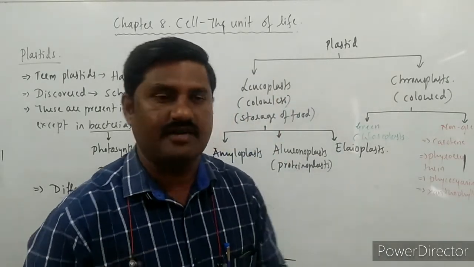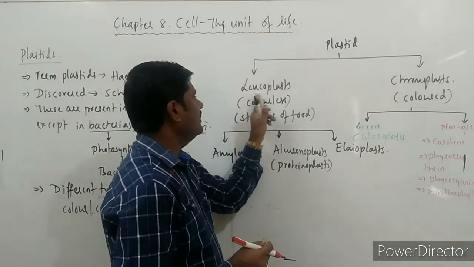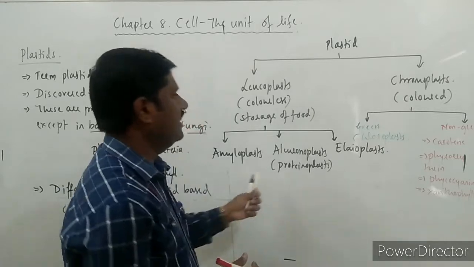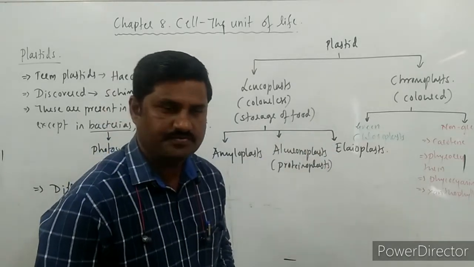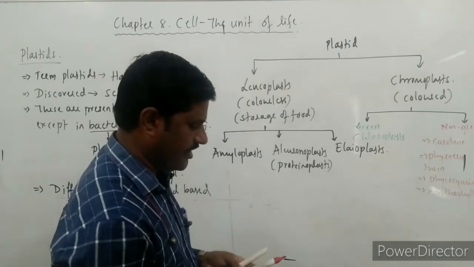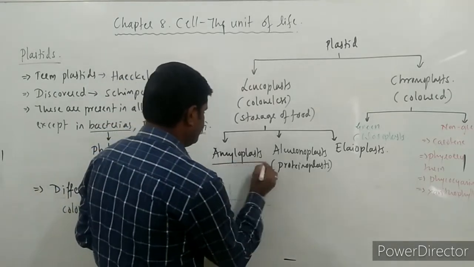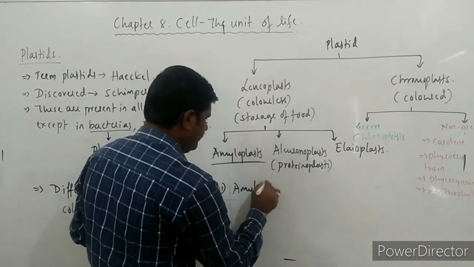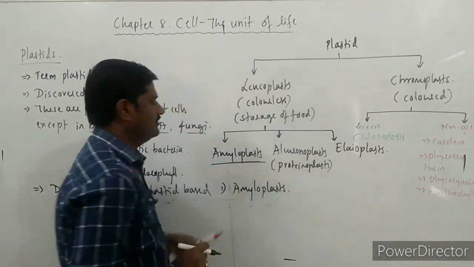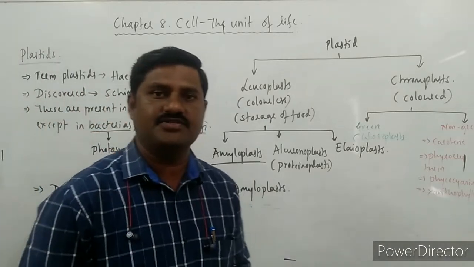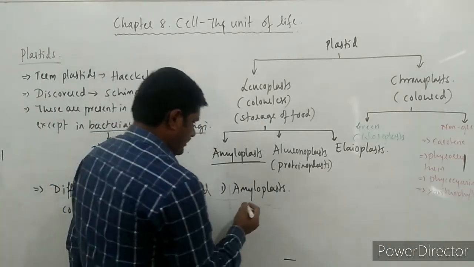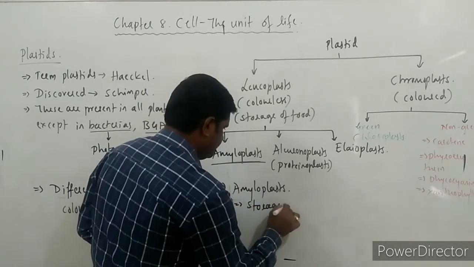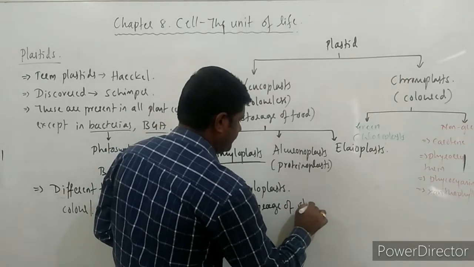So first of all, we will start with these non-colored or colorless plastids, and later we will go through the colored plastids, right? First one, amyloplasts. What are they? Amyloplasts are one kind of plastid which help in the storage of starch.